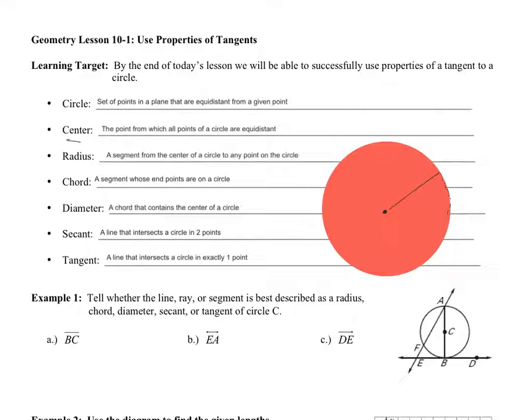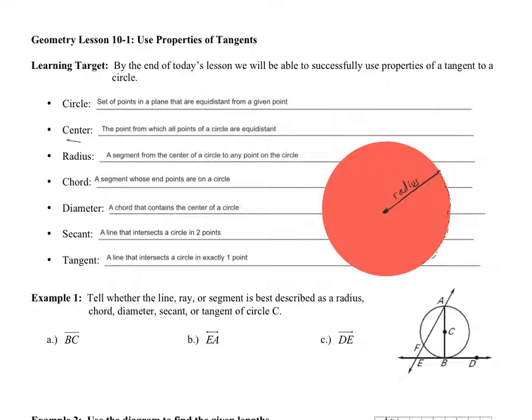And again, the center is the point from which all points of the circle are equidistant. And the radius, this distance from the center to any point on the circle, is called the radius.